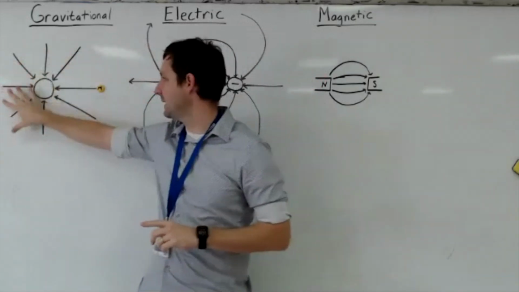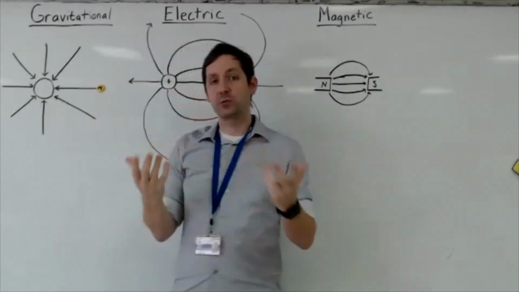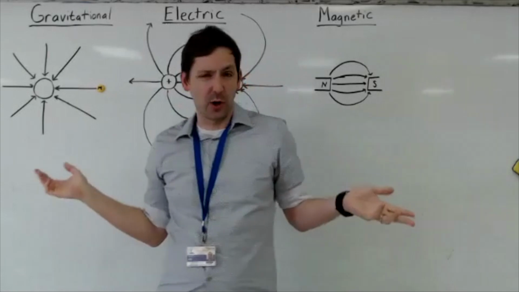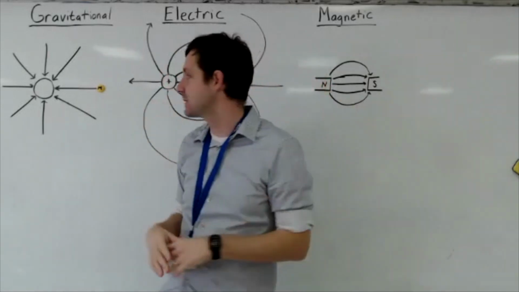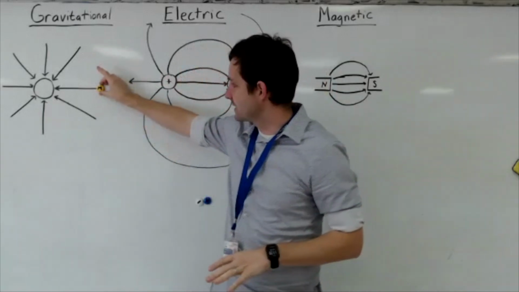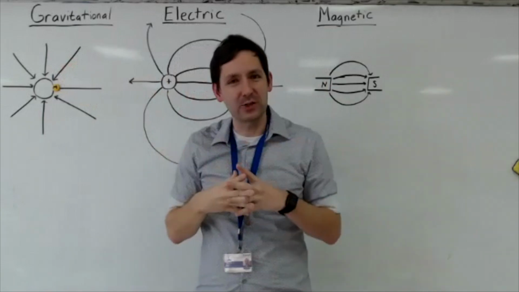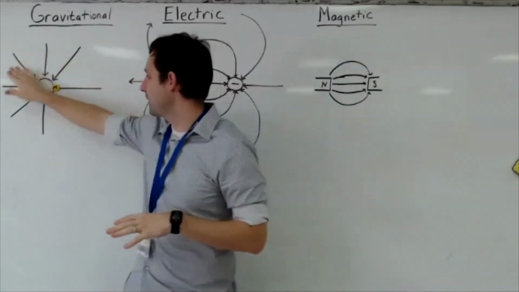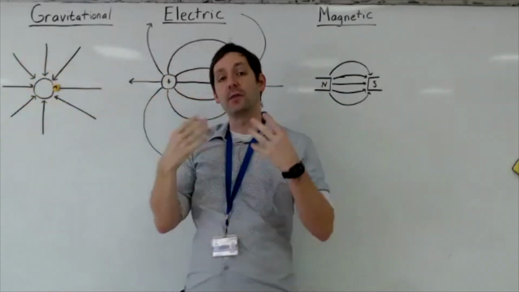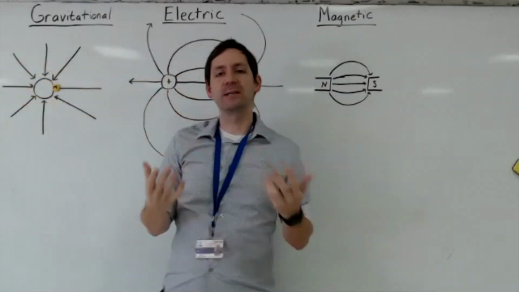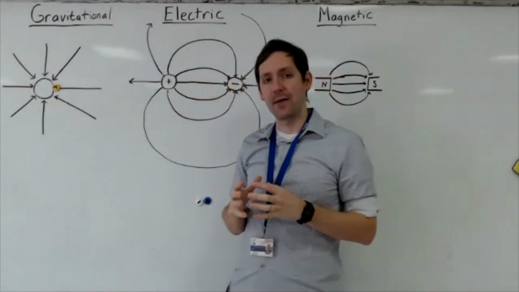And so what you're seeing here is that all the field lines point inwards. As far as we know, with positive mass, and we don't know about anything with negative mass yet, though it's hypothesized and theorized, with positive mass, it will always move in towards the other one. It'll always be attracted. And so we can see the field. I've drawn in these arrows, these vectors here, which are the field lines, and they represent how strong the field is at that point.